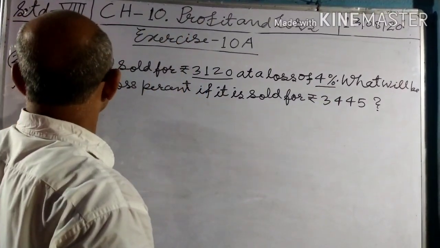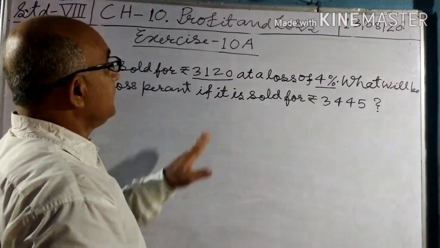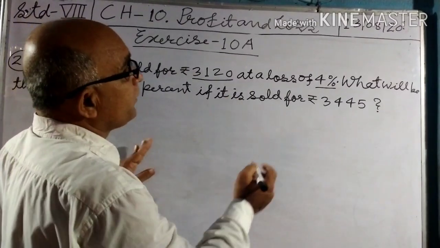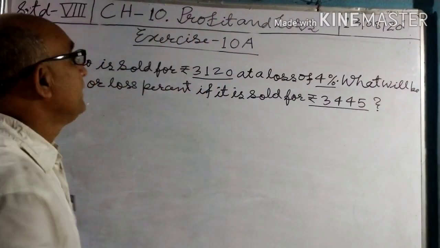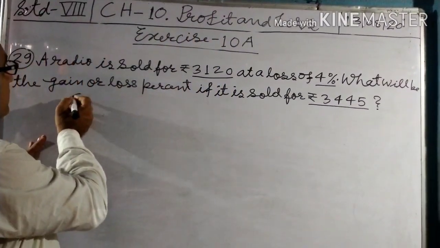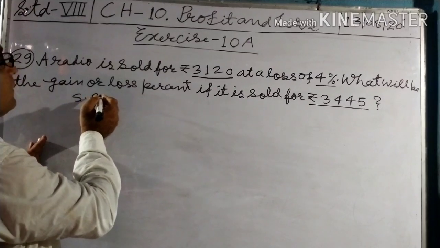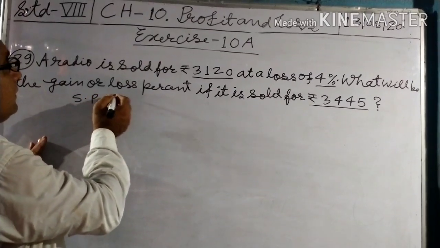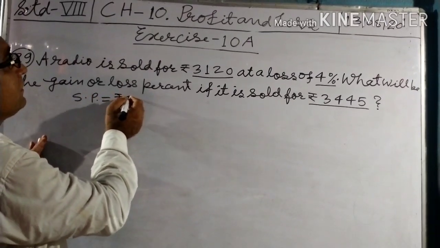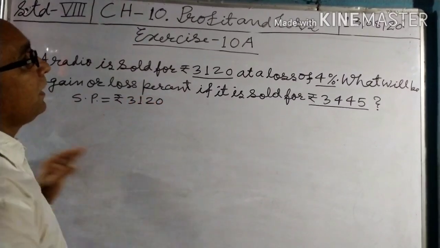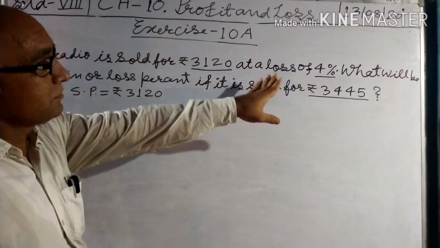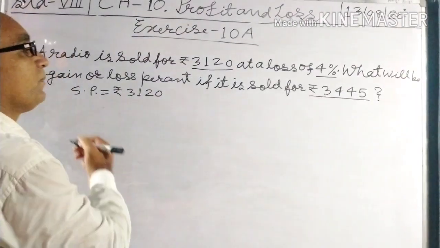What will be the gain or loss percent if it is sold for rupees 3,445? Here given SP equals rupees 3,120 and loss 4%. So find CP.